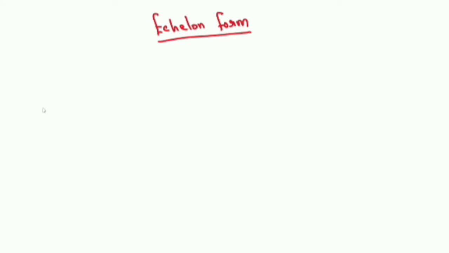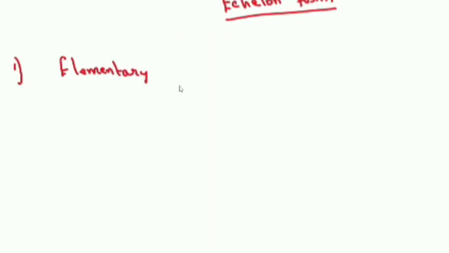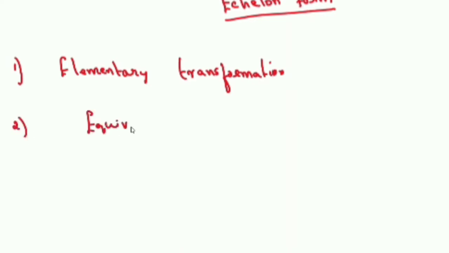Now to learn this echelon form, you should know something called the elementary transformation, either row or column. You should know what an elementary transformation is. The second thing is you should know what equivalent matrices are.